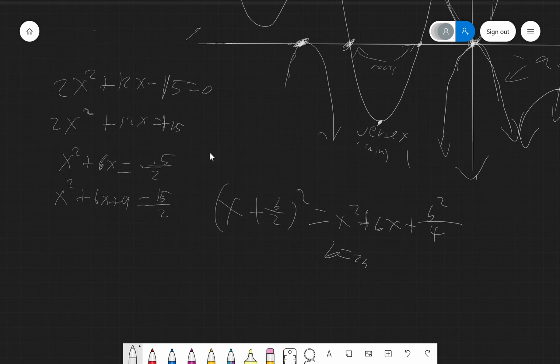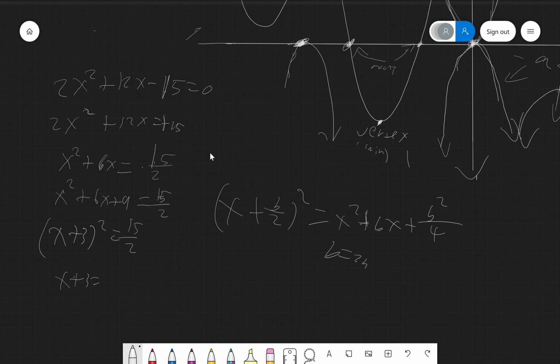So now that means that x plus 3 whole squared equals 15 over 2. That means that x plus 3, if you square root both sides, oh wait, in the last one I forgot something. I'm so dumb.